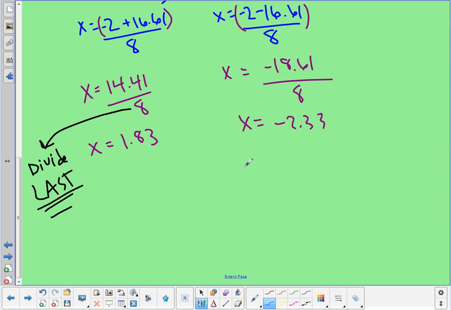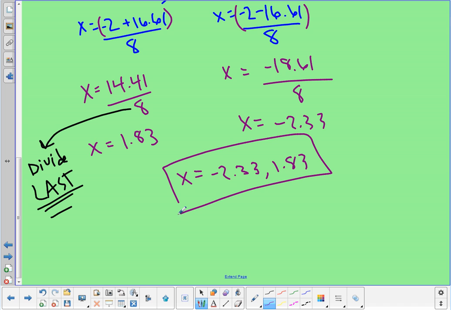So when I write out my solutions, that looks like x equals negative 2.33 and 1.83. These aren't ordered pairs. Sometimes we were finding solutions that were ordered pairs, like way back in the systems unit. These are just 2 different solutions to the quadratic, so they're both x. You can just put a comma between them to signify that.